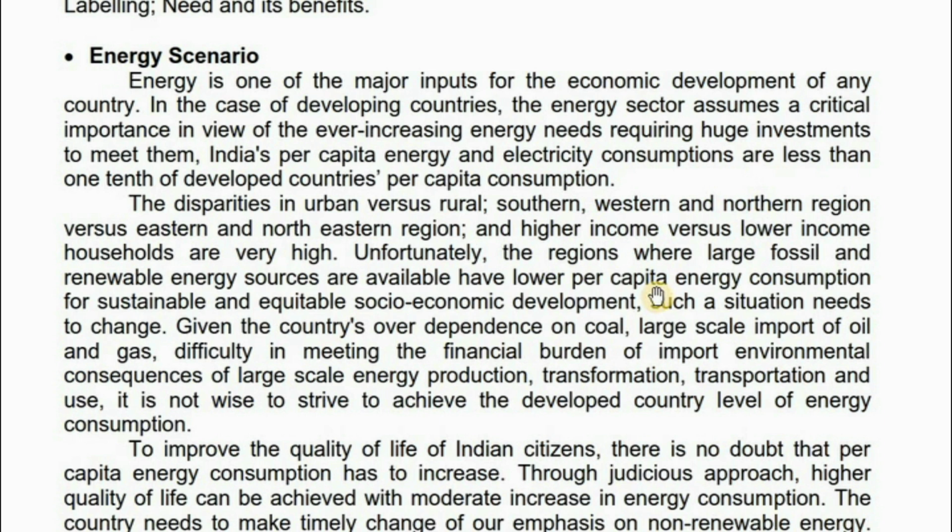Further, the consumption of energy is again different among low income and higher income households. Okay, so that is one of the reasons why the overall energy is limited, and that is the reason why the per capita energy consumption is very low in today's scenario.